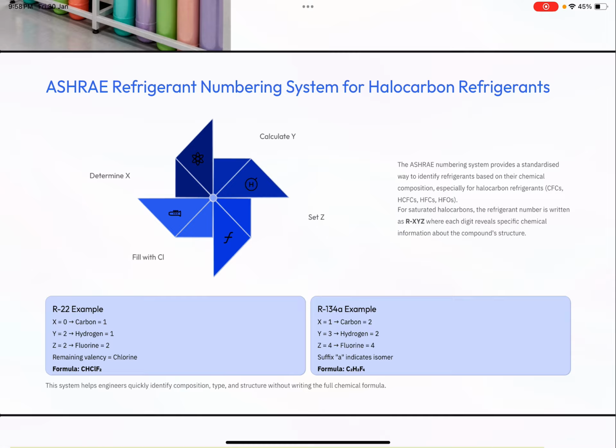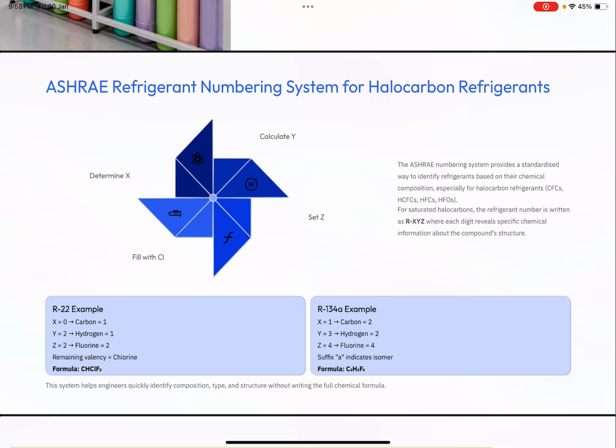For example, let us again discuss the case of R22. In R22, X is 0, so the number of carbon atoms is 0 plus 1, that is 1. Y is 2, so the number of hydrogen atoms is 2 minus 1, that is 1. And the number of fluorine atoms is 2. Because there is 1 carbon, it is a methane derivative.